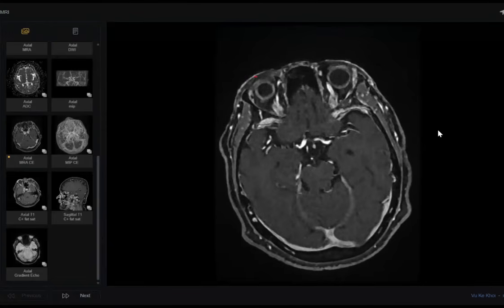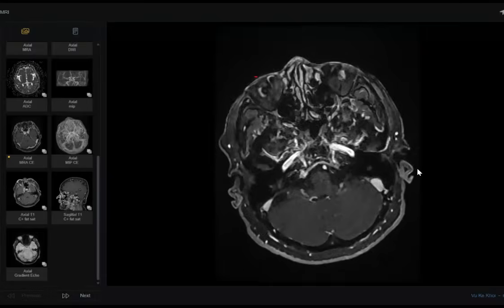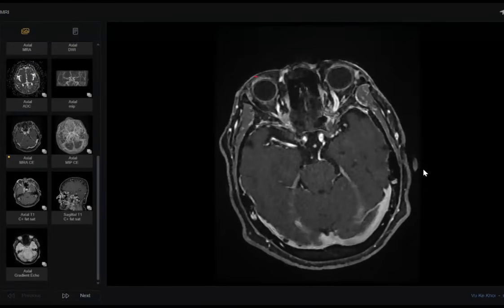I don't see the right one, the left one is visible. Yes, sir. Tell me what happened here. Sir, the left ophthalmic vein appears opacified, on the arterial phase, yes. So this looks like a case of carotid-cavernous fistula with the early opacification of the left superior ophthalmic vein.